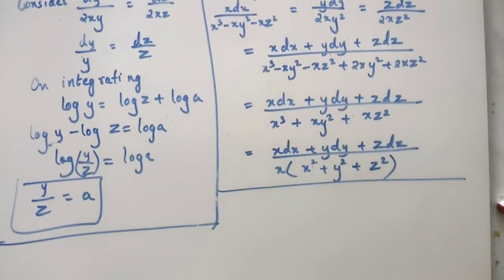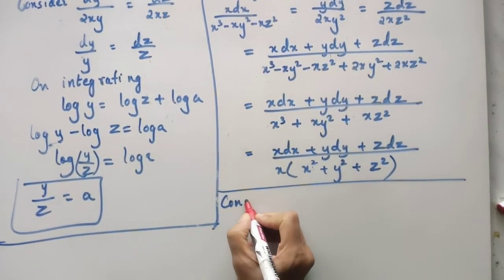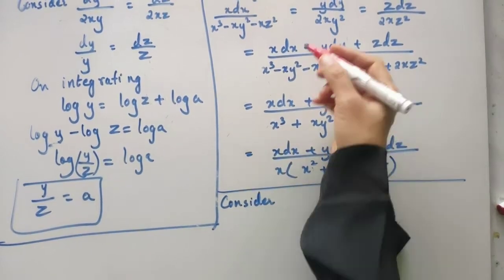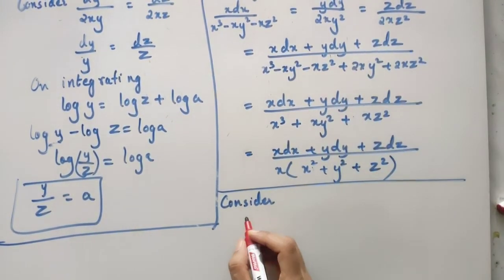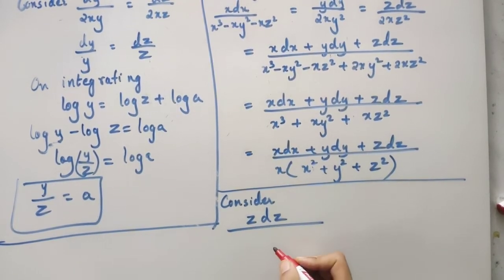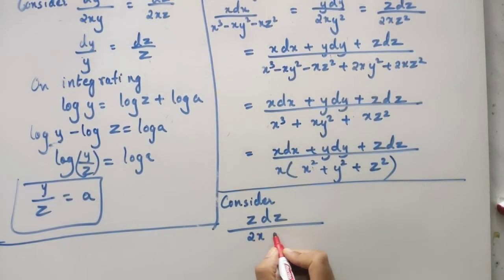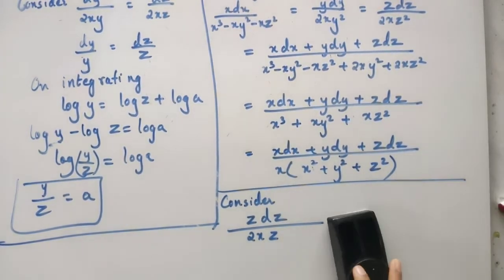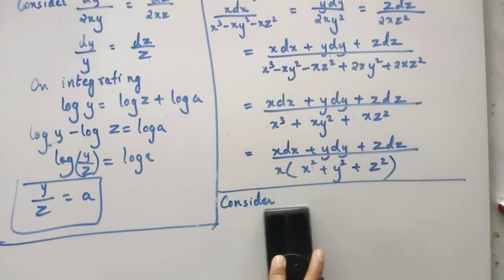Look at this. Since all fractions are equal, I am considering z dz divided by 2xz. First I will consider the bigger part, then the smaller.